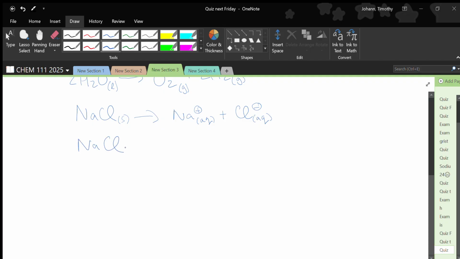I could also write it like this if I was writing the molecular equation. As chemists, we would recognize that this is an ionic compound, and it says aqueous. That means this is really what it looks like. It's not a sodium and a chloride stuck together floating around in water. It's sodium ions and chloride ions floating around in water separate from each other.